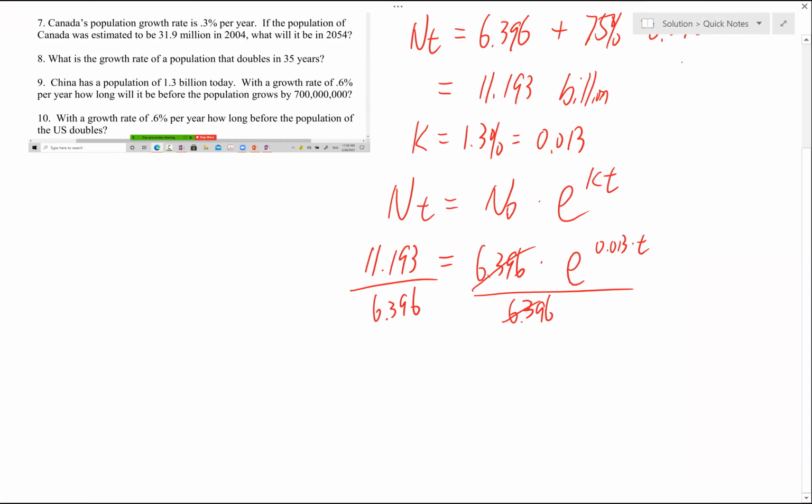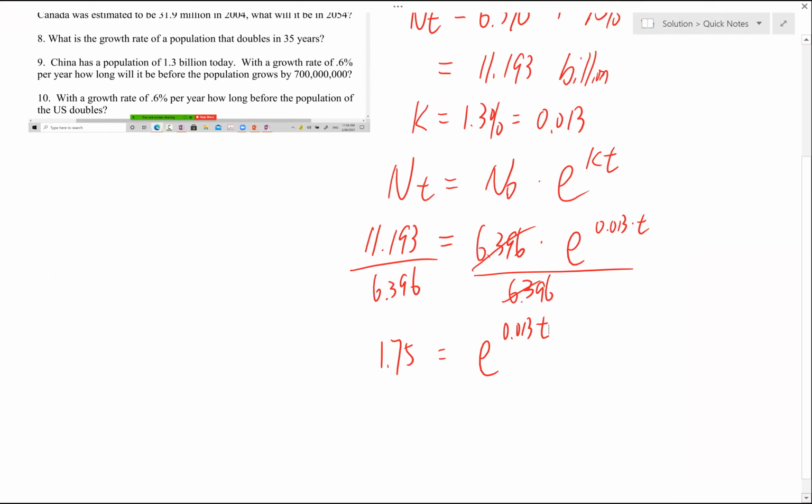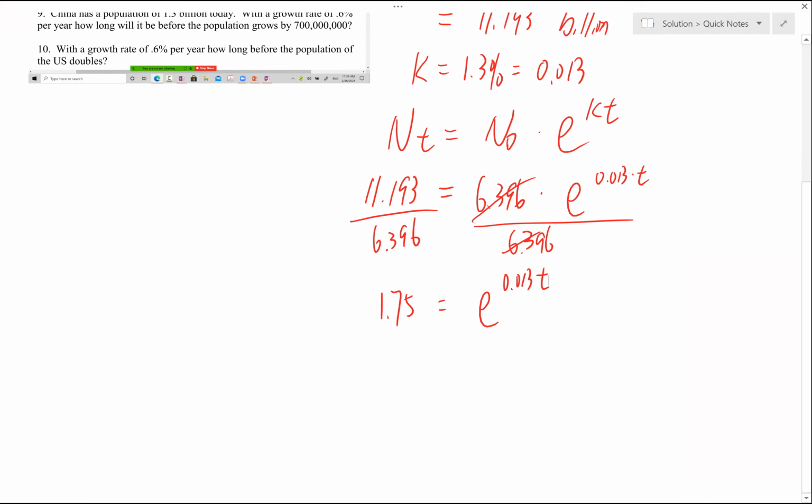This should be 1.75, right? If you use a calculator or Excel, but without calculating that, it should be 1.75 times as much, because the population grows by 75%. The base is 1. You add in 75%, so it's 175%, which is 1.75 times as much as the initial population.